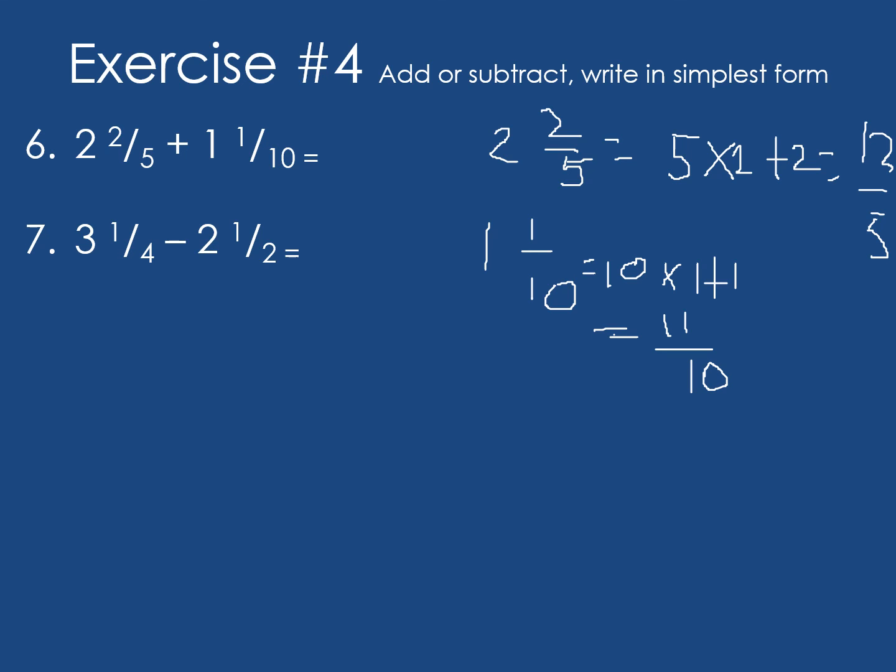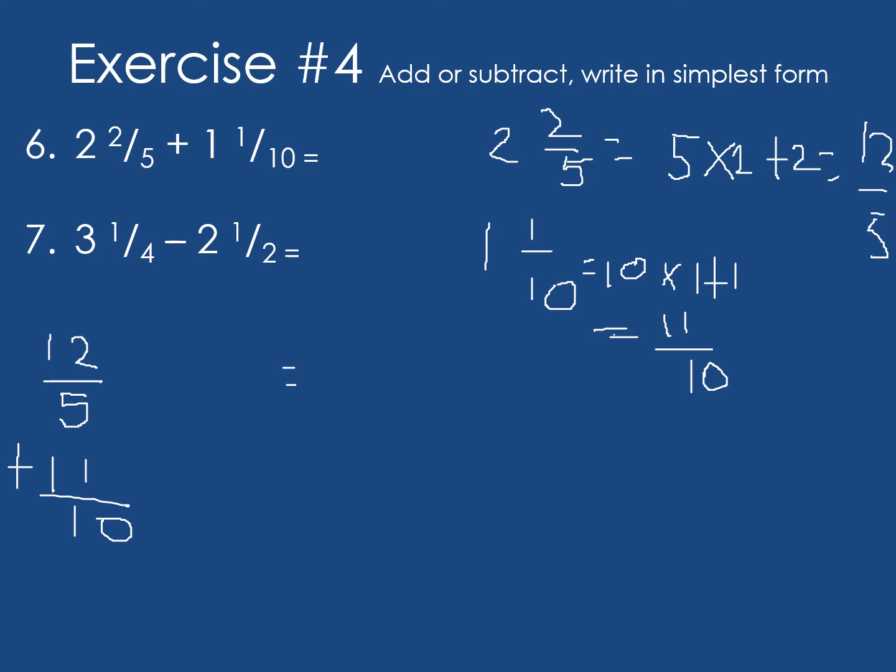So you proceed now writing in column. You will change this one into similar fractions. So you do now the solution. 12 over 5 plus 11 over 10. Okay. This is just a long process.